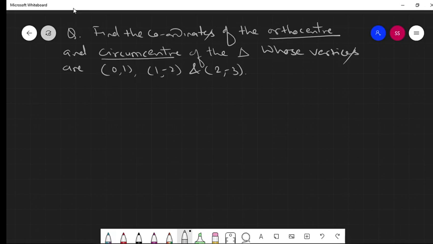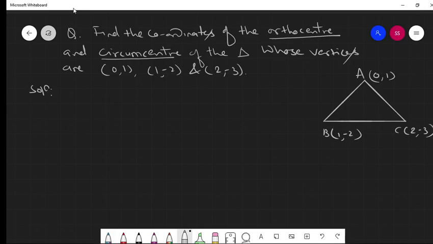Now we need to find the solution of this. First of all, let me draw the figure, the triangle, this way. It may be 0 comma 1, supposed to be A, this may be 1 comma minus 2, and this C is 2 comma minus 3.